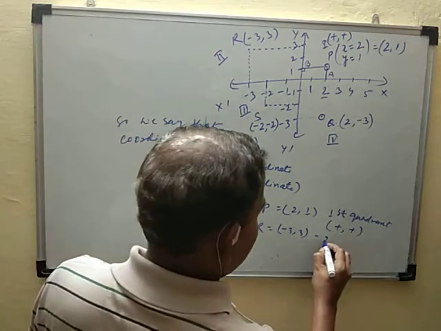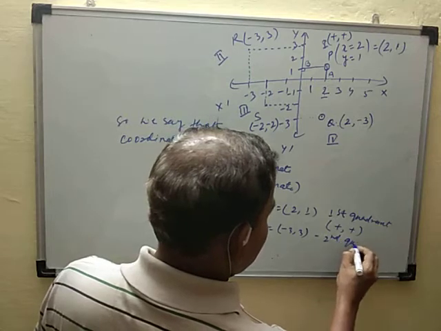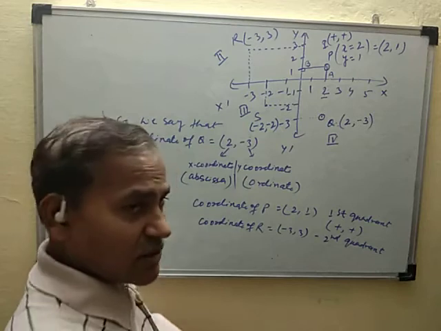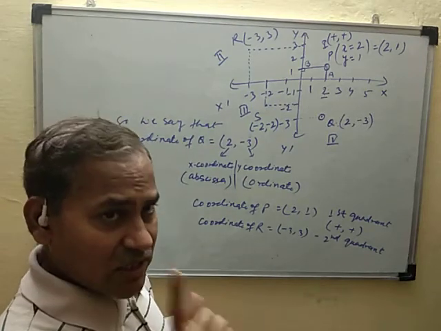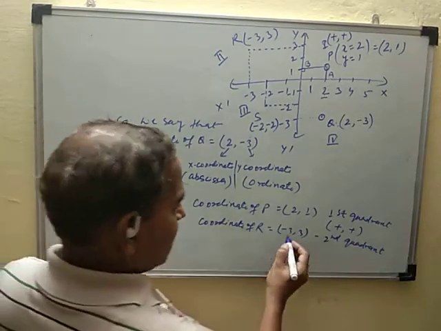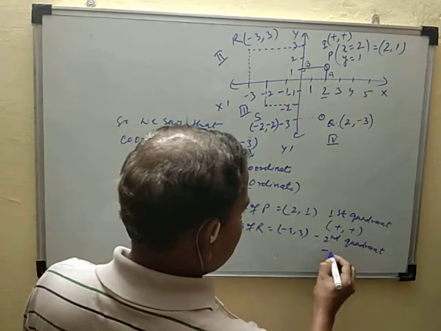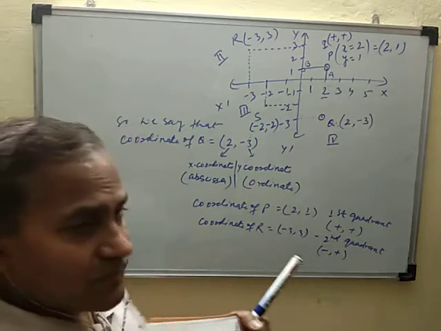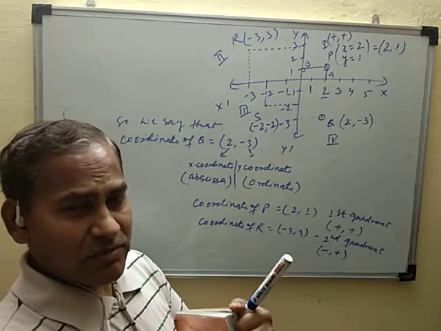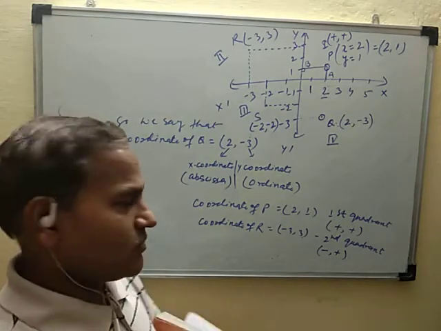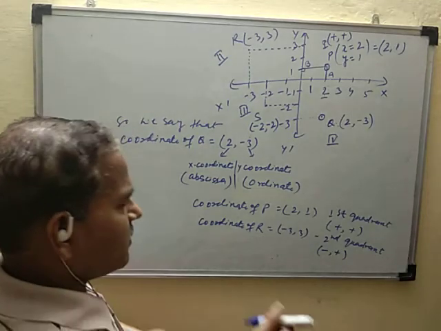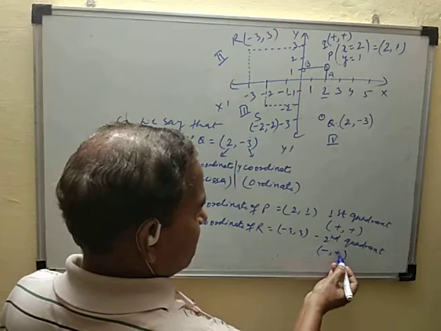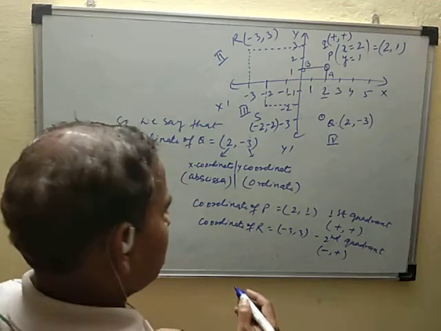This point lies in the second quadrant, and in the second quadrant x is negative and y is positive, negative positive.